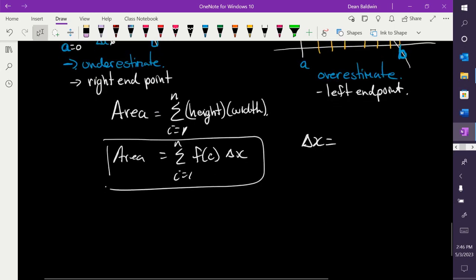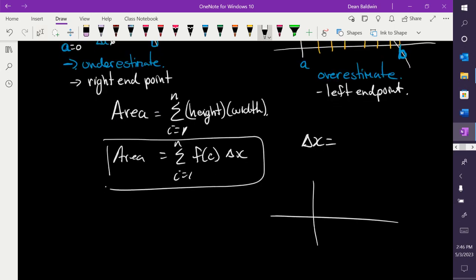So think, if I gave you this, if I said, here's a function, I'll just do this one right here. And this was 0, and this is, we'll make it easy, 10. And I do 1, 2, 3, 4. How do you get the width of each rectangle? The axial intercept.